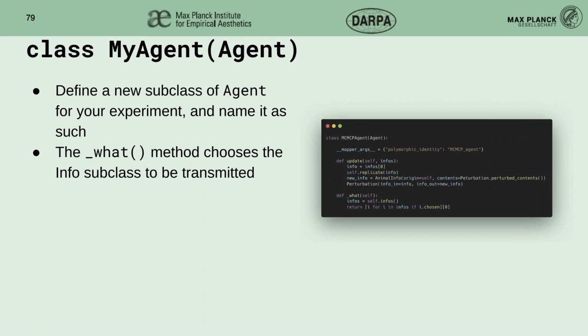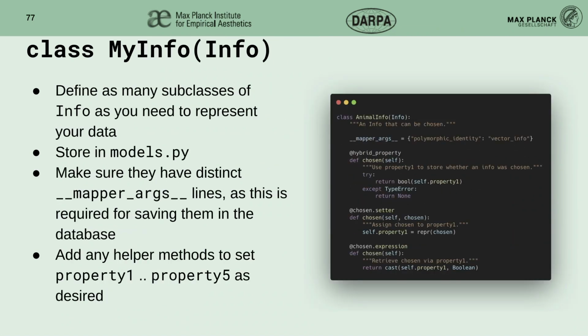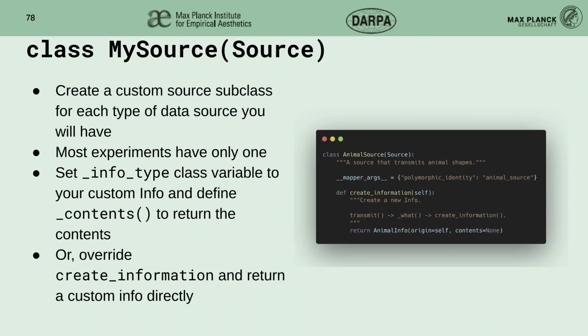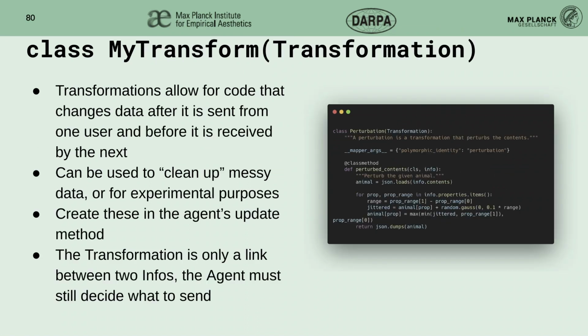So here we've got a full set: we've got a type of info, there's only one for this particular one, and we've got a source that generates it. We've got an agent that creates transformations on it and customizes how it will be passed on. But those are different businesses. And we've got this transformation, which defines transformation.